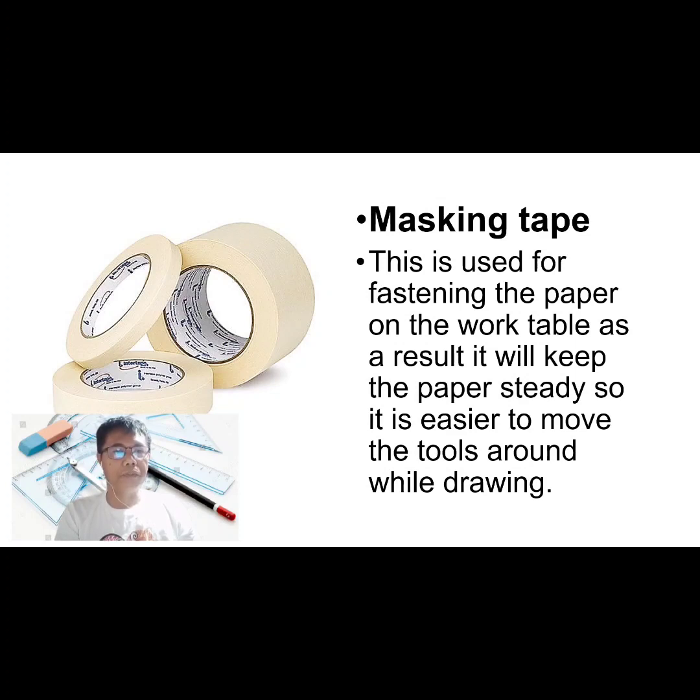This is used for fastening the paper on the work table or the drafting table. As a result, it will keep the paper steady, so it is easier to move the tools around while drawing. Masking tape is necessary when you start drawing because it helps you not to move the paper while the pencil and other drawing instruments are in use.